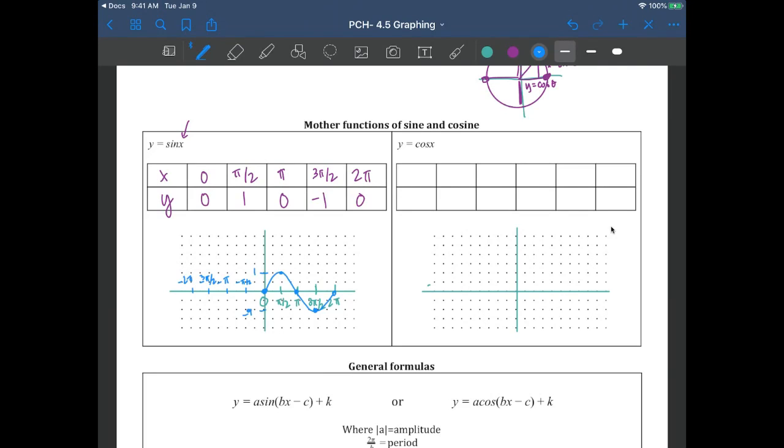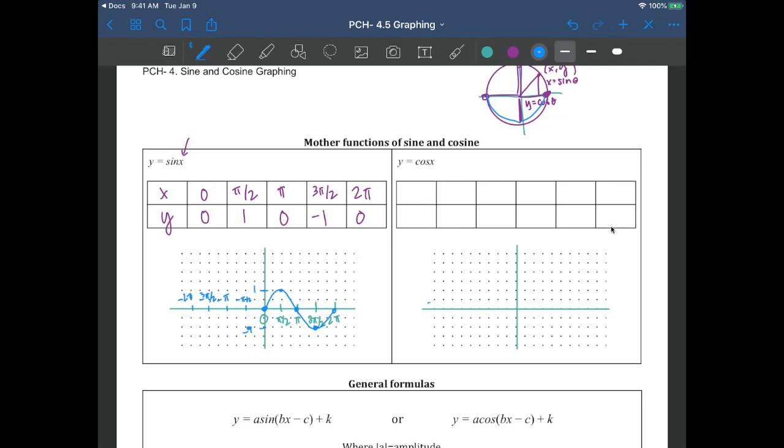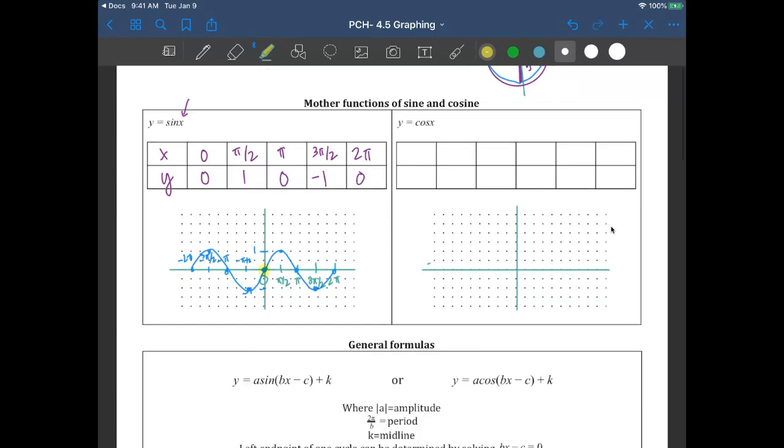So going backwards it goes to the lowest point, the midline, the high point, the midline. Lowest, mid, high, mid. Like that. Okay? So a big thing here is that sine starts at the center point, the midline.